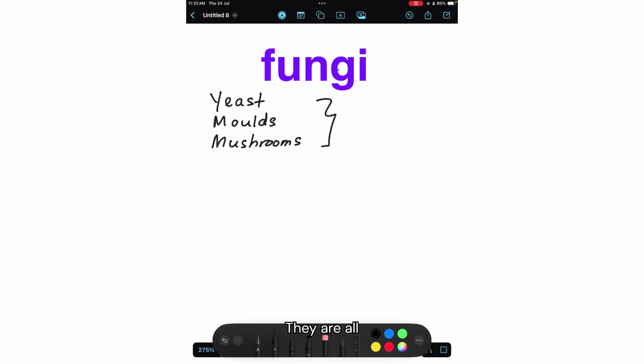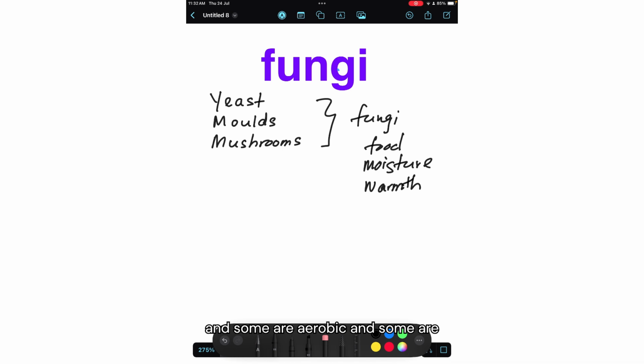They are all fungi. So fungi require, as we discussed before, food, moisture, and warmth. And some are aerobic and some are anaerobic.